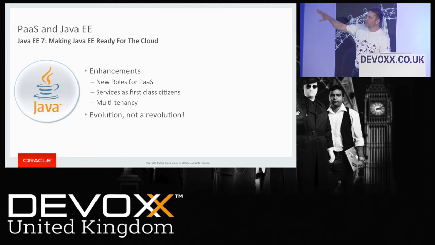That's the kind of thing we've been looking at in Java EE, making sure that you can run multiple applications in the same application server without having interference or the ability to even do things like snooping IP traffic. So the key thing here is it's all about evolution, not revolution. Java EE already has a lot of these ideas based in it. What we're doing is just extending it to make it fit even better into the idea of cloud computing.